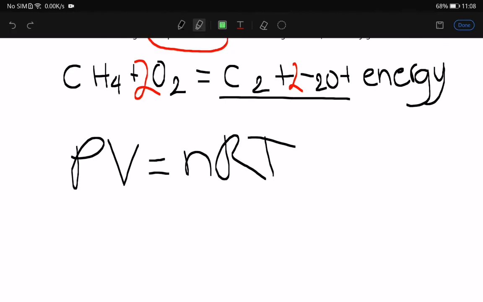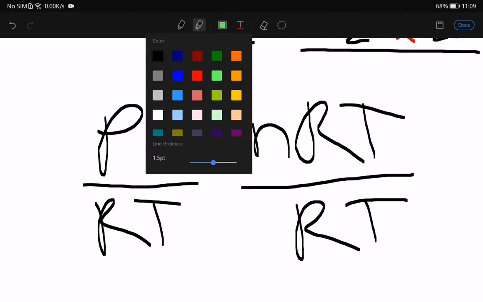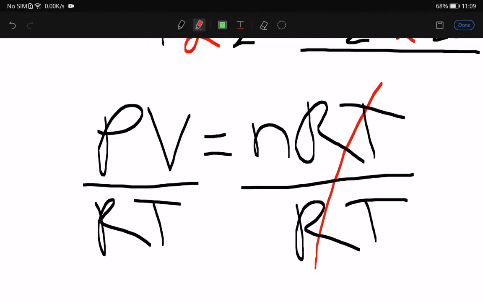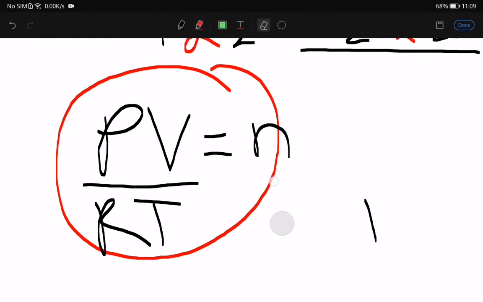If you want to derive the formula, you divide by RT on both sides. It's basically the same, you end up in the same place. What I did was like a shortcut. So this is your formula, friend: n is equal to PV over RT. What I did was go straight to the values, but you can do this as well if you want. I'm not stopping you.